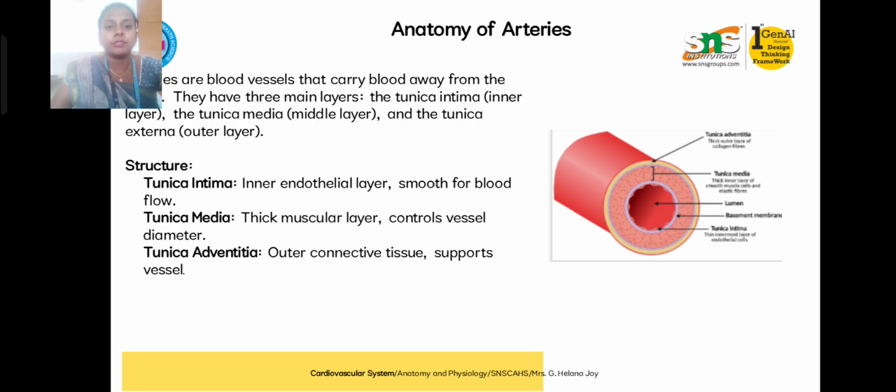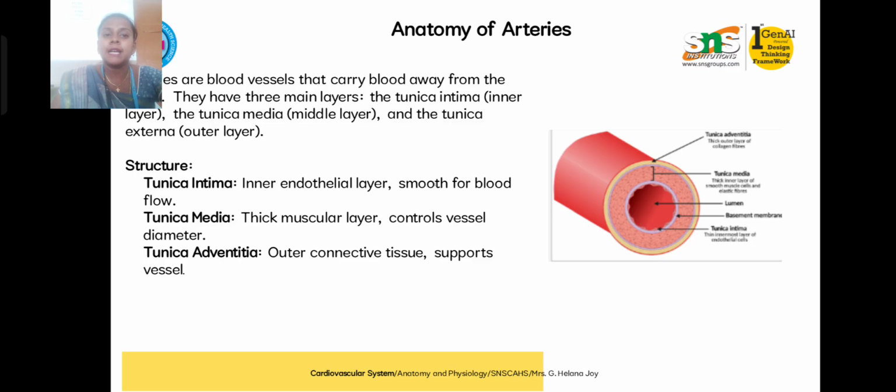And the anatomy of arteries. Arteries are the blood vessels which carry blood away from the heart. The arteries are mainly divided into three layers: tunica intima, tunica media, and tunica adventitia. Tunica intima is the inner layer, made up of an inner endothelial layer which is smooth for easier blood flow.